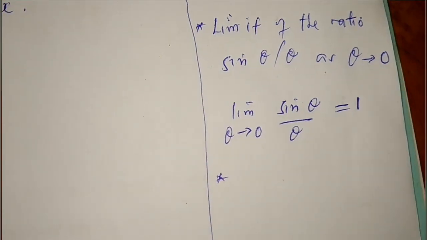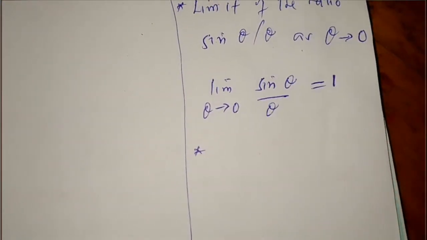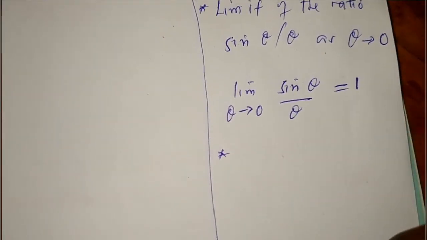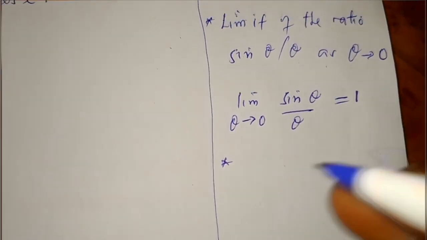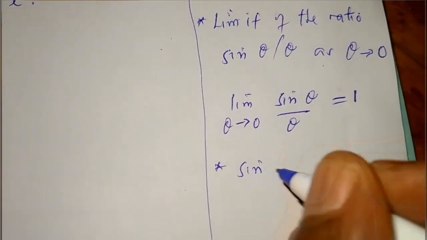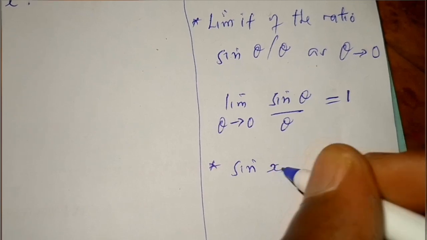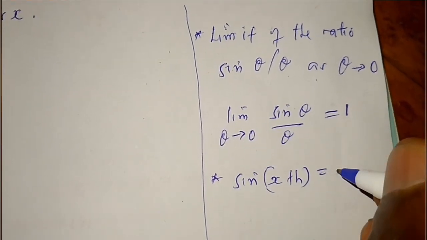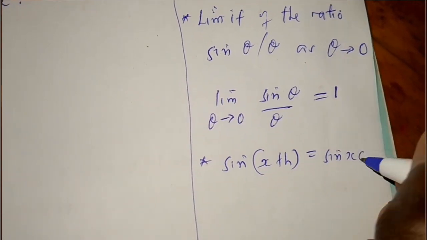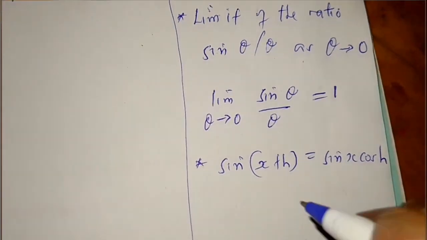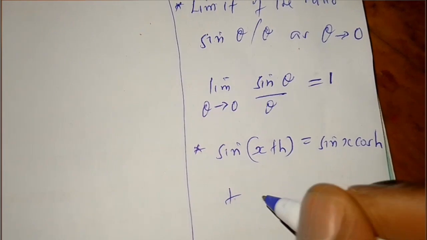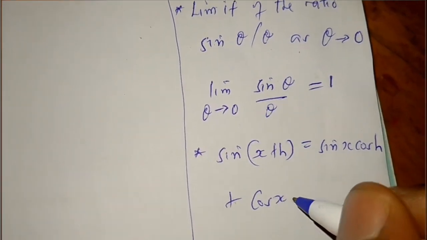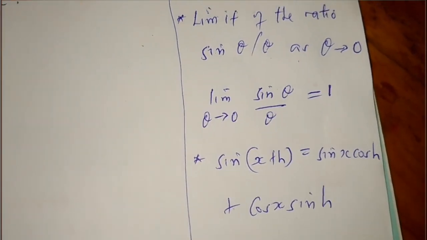Then we shall also use the angle sum identity for the sine function, that sine of x plus h is equal to sine x cos h plus cos x sine h.